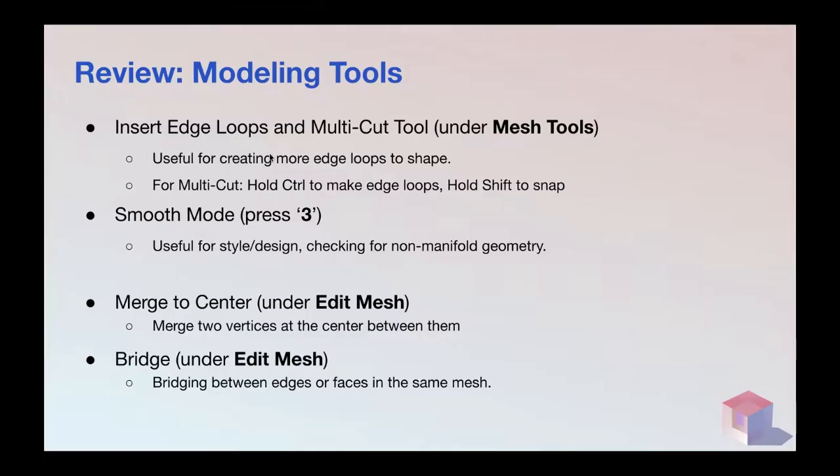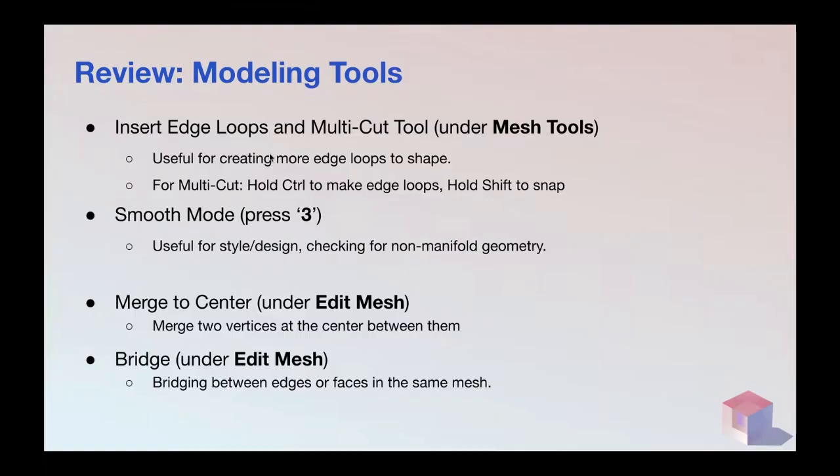Okay, after the demo, let's recap a little bit about the modeling tools that we just learned. So first is insert edge loop and multi-cut tools, which are in the mesh tool. You can use them to create a lot of edge loops if you want. It will make your life a lot easier. And for multi-cut, you can hold control to make an edge loop and shift to snap.